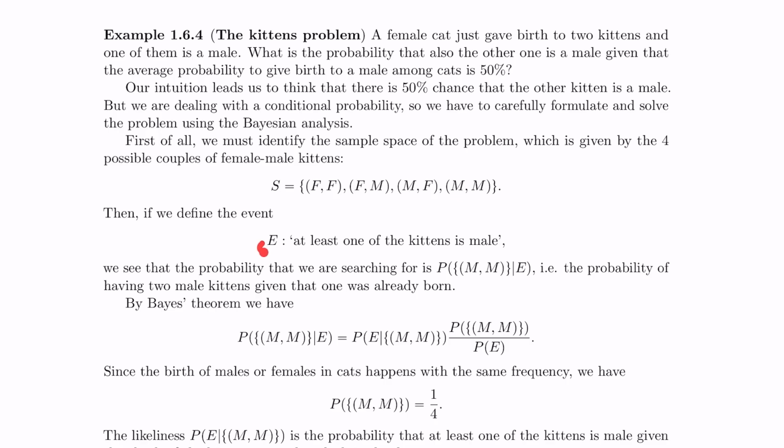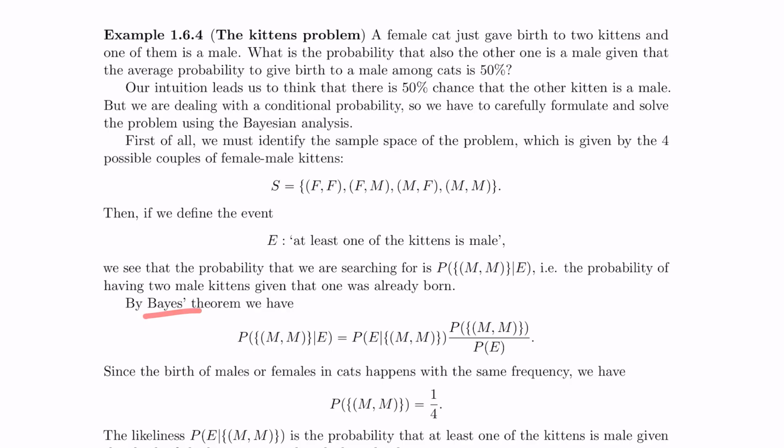Then we define the event E, that is, at least one of the kittens is a male. Finally, we see that the probability that we are searching for is given by this conditional probability here. That is the probability of having 2 male kittens given that one of them was already born.